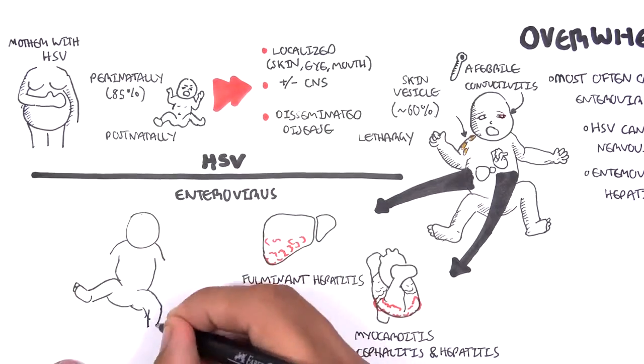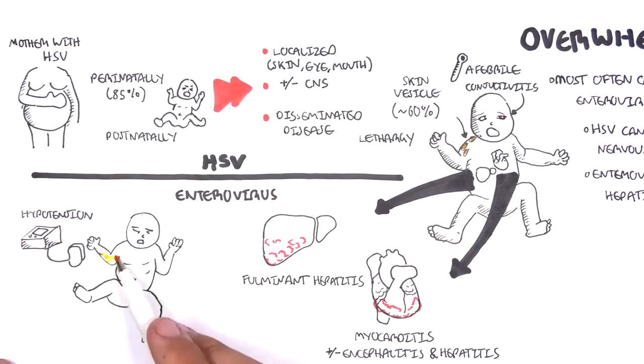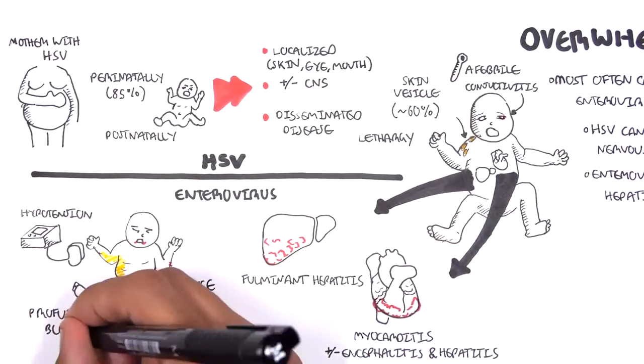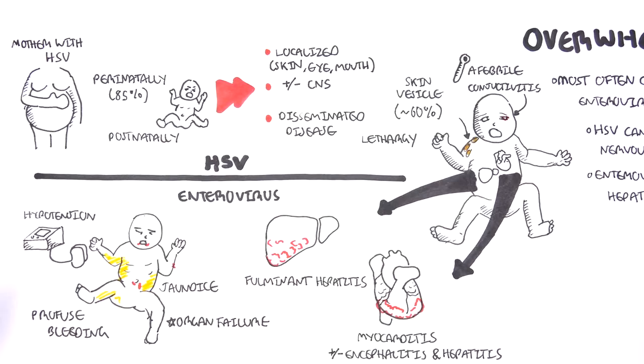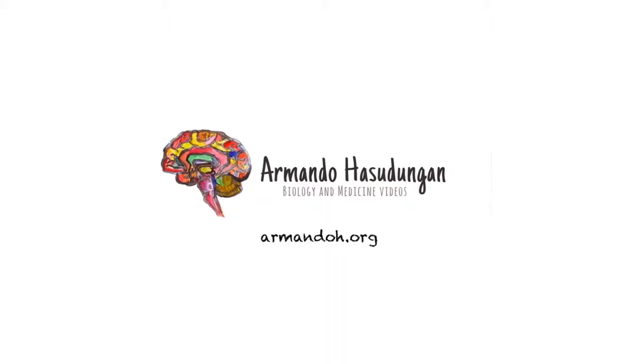The signs and symptoms include hypotension, jaundice due to the hepatitis, profuse bleeding, and organ failure. Again, an overwhelming viral infection is essentially the response the body does to a viral infection. So those were the two main causes of overwhelming viral infection, which are herpes simplex virus or enterovirus.